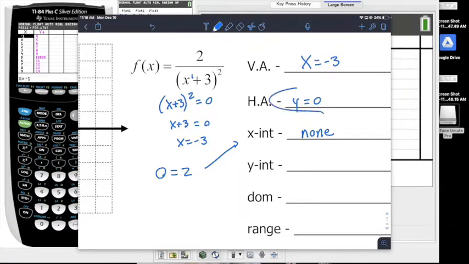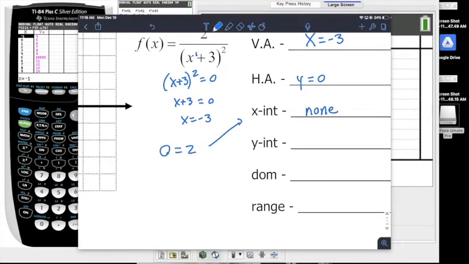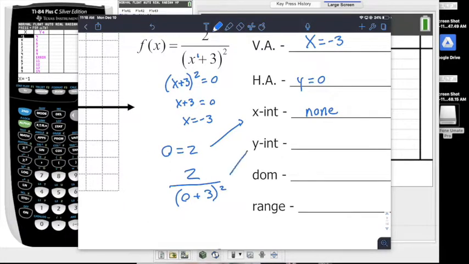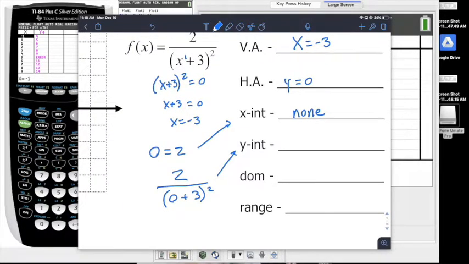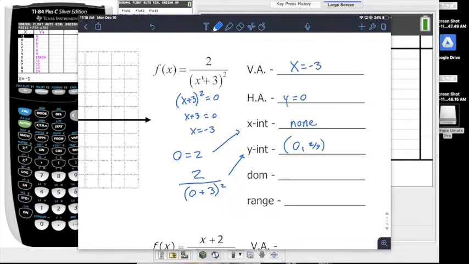And that's because of your horizontal asymptote. Y-intercept, we're going to plug in 0 for x. And then we're going to square that right there. That'll get us our y-intercept. That's basically 2 over 3 squared, or 2 over 9. So that's not a very pretty number there, but that's okay.